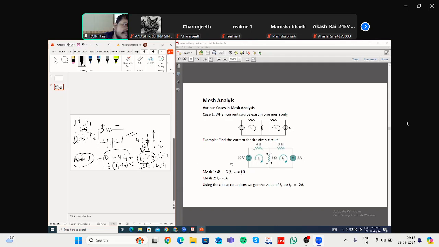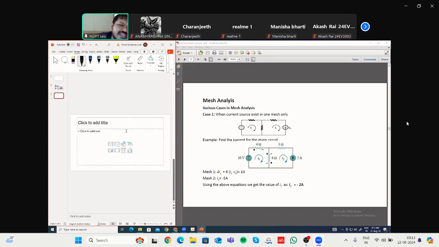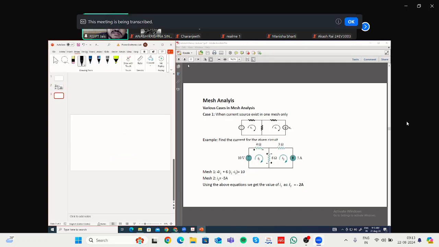Okay, that's why. And mesh 2 becomes very easy. If there is a current source in a particular mesh, then things become very easy. What does this current source do?